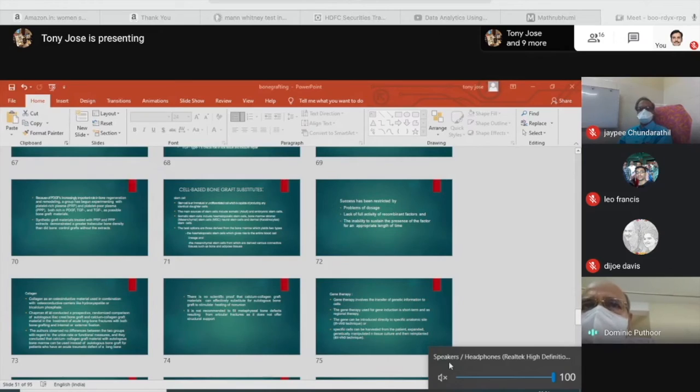Autoclaving will definitely have some slight effect on strength, I know, but still that is safer. That is how we are using it. That's all.